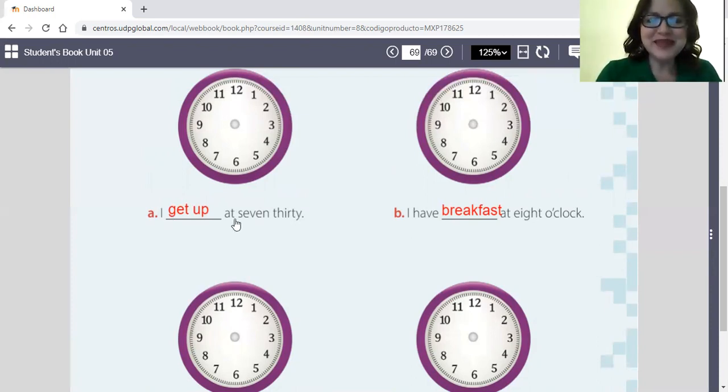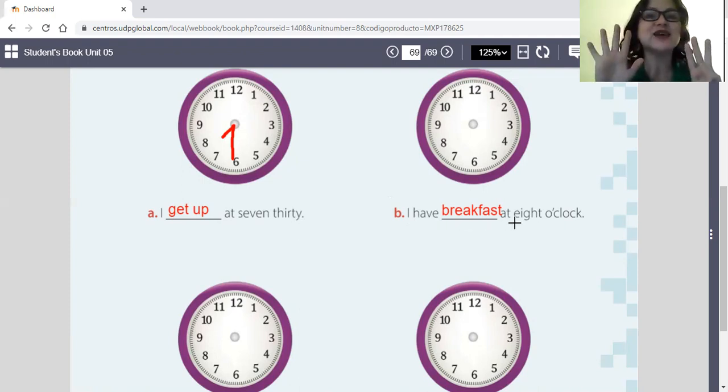Letter A says, I get up at 7:30. Remember, the short hand is on the 7 and the long hand is on the 6. Why? 30 minutes. Don't forget that. Letter B, I have breakfast at 8 o'clock.